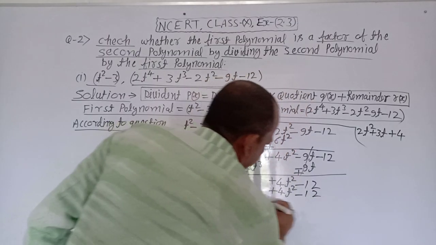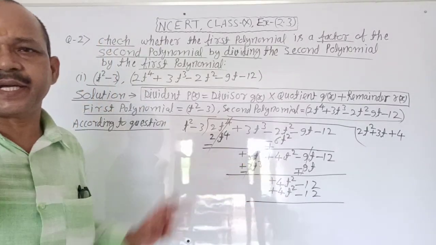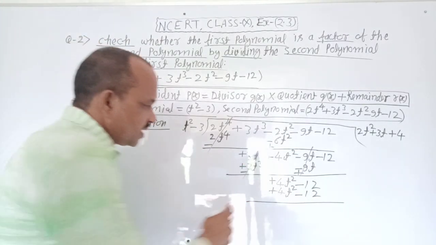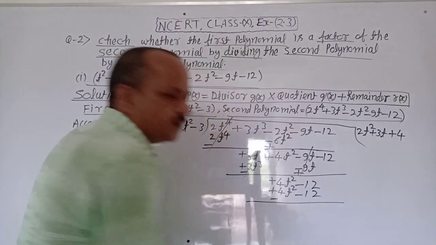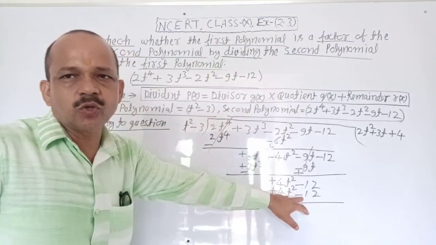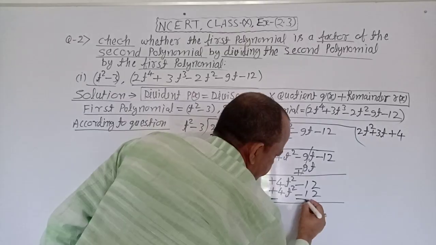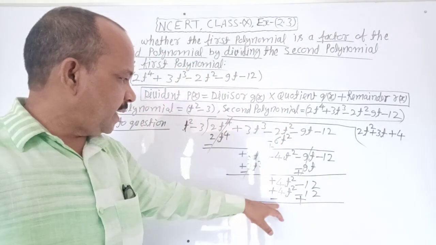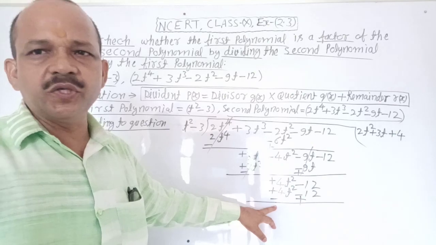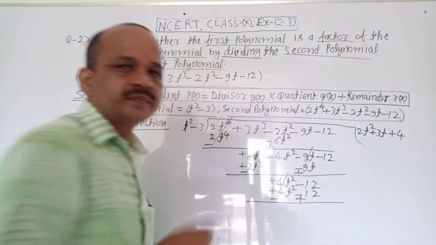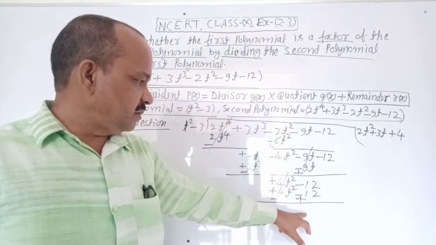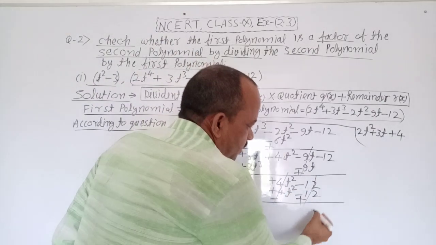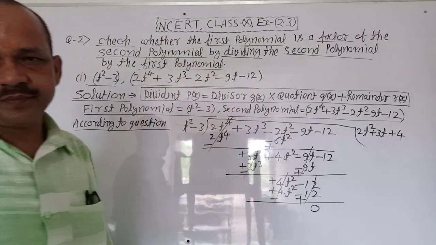Now you draw a line and subtract it. Firstly you change its sign. Clear? Here plus, so you write here minus. Here minus, so you write here plus. Here plus 4t square and here minus 4t square, so you can cut it. Here minus 12, here plus 12. So you cut it. You find 0.